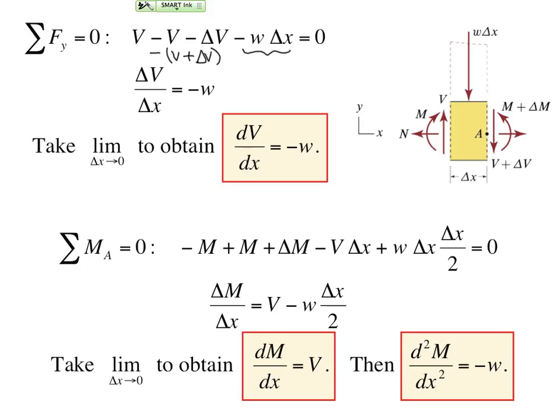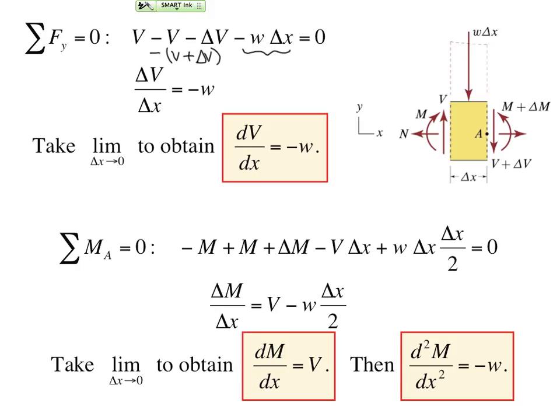Our next set of examples involved uniform distributed loads where W of x was equal to W0, a constant. Our differential relationships tell us that V of x is linear or piecewise linear, and that M of x is parabolic or piecewise parabolic. In fact, we can generalize this pretty quickly.